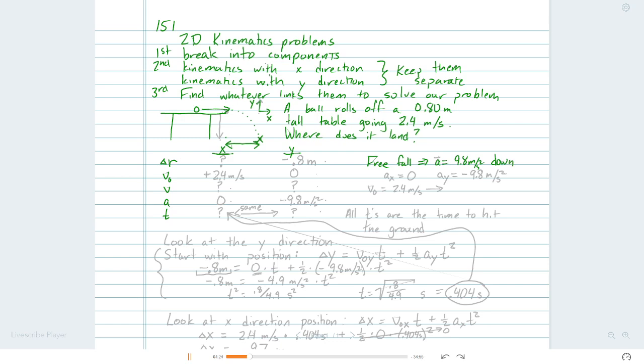So I need to break this up into components. I need to have the x component and the y component. So I look at this, and x is across. My acceleration is down. How much of down is across?